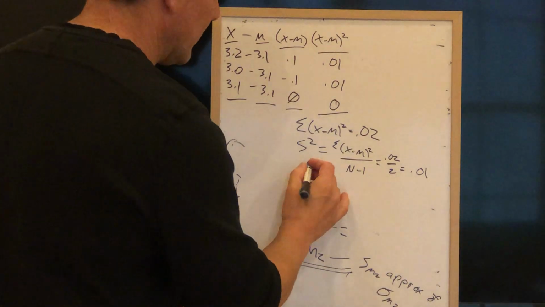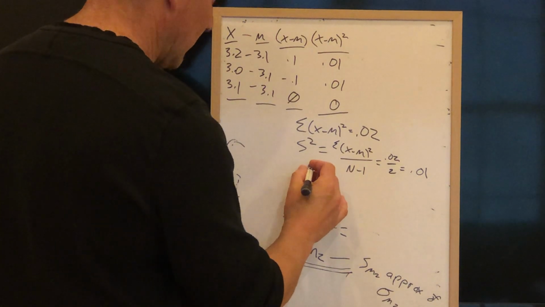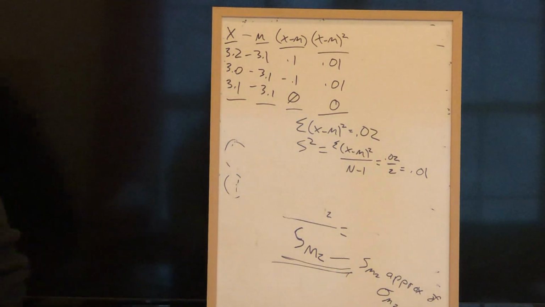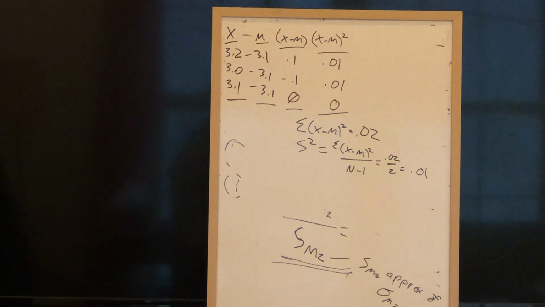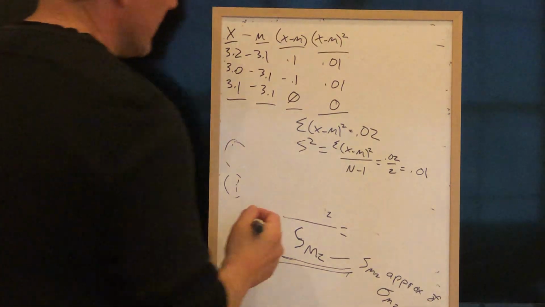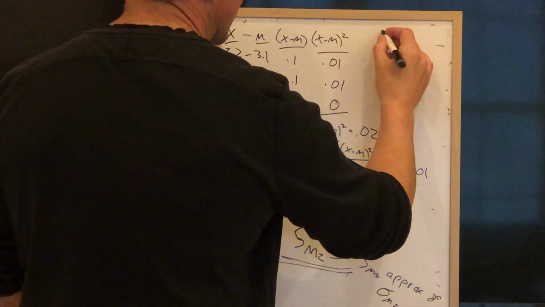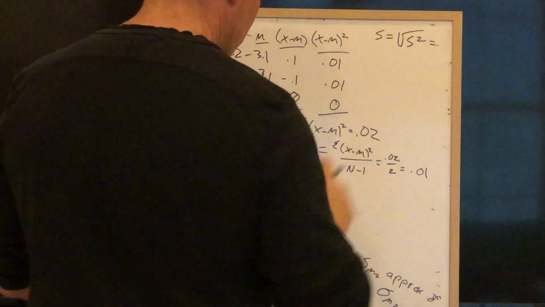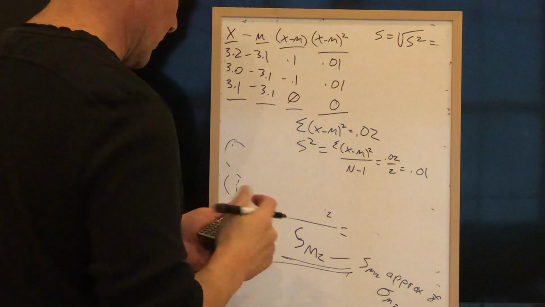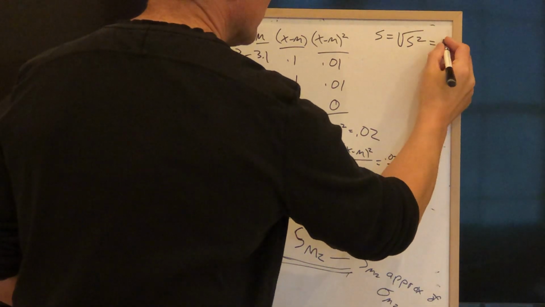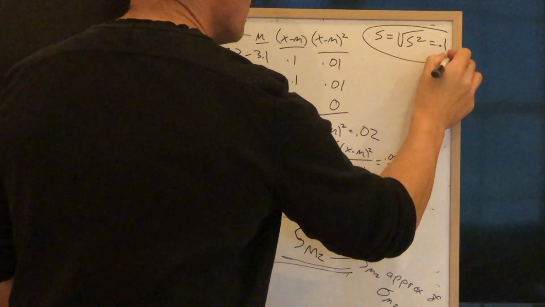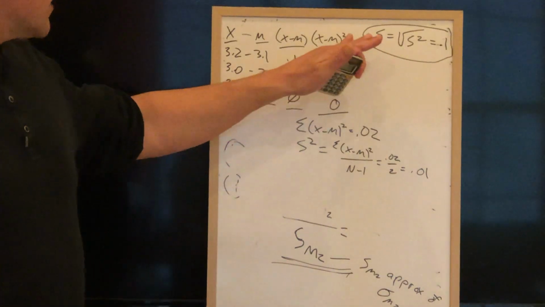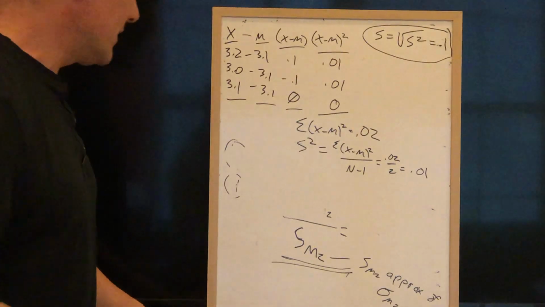And then the next thing that we're going to compute is s squared sub M, so we can compute s. S is the square root of s squared, which in this case is 0.1. But I'm going to put that as a sidebar, because s is actually not going to be computed in t.